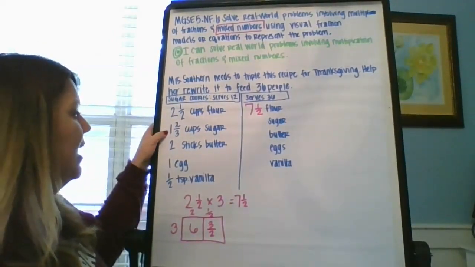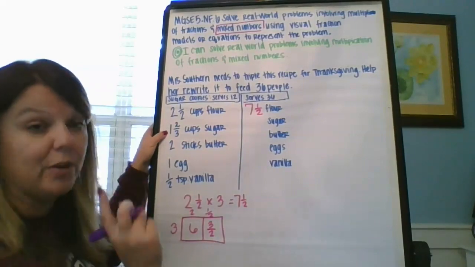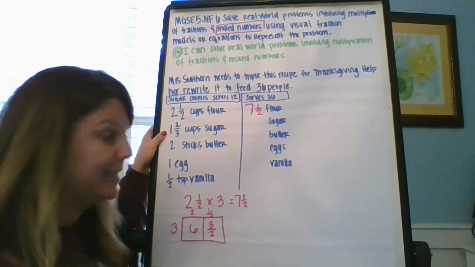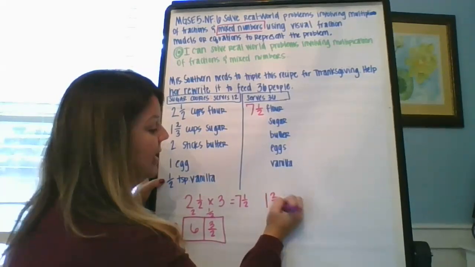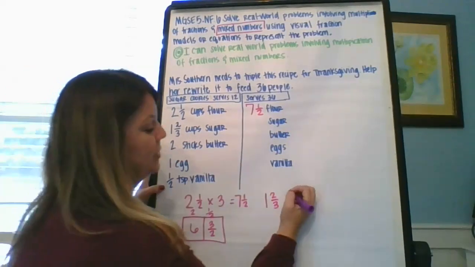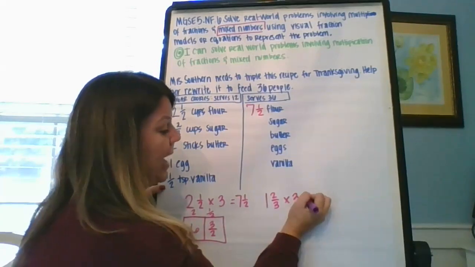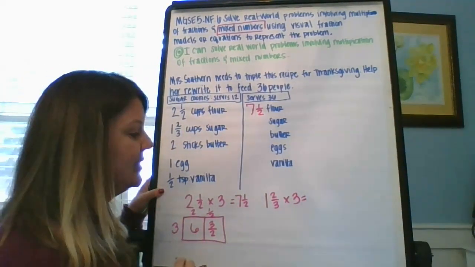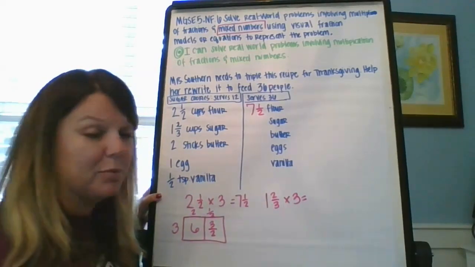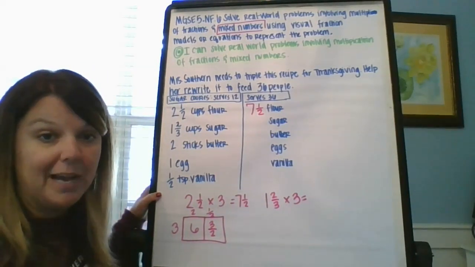First, let me show you with sugar what your other option is for multiplying with mixed numbers. So you have 1 2/3, and you need to multiply that times 3. Option number 1 is the box method. Option number 2 is to change this to an improper fraction and then multiply straight across.